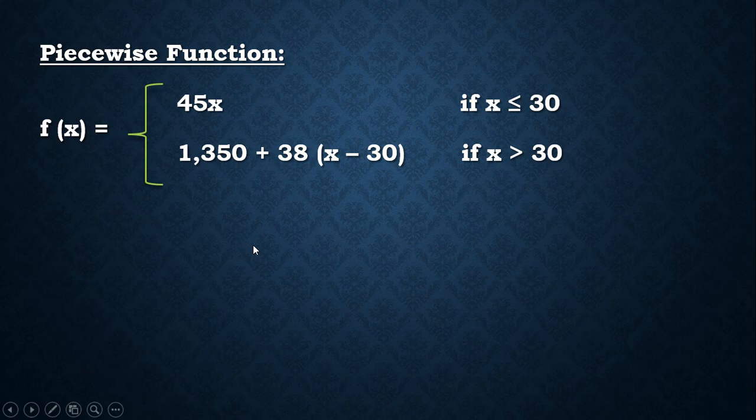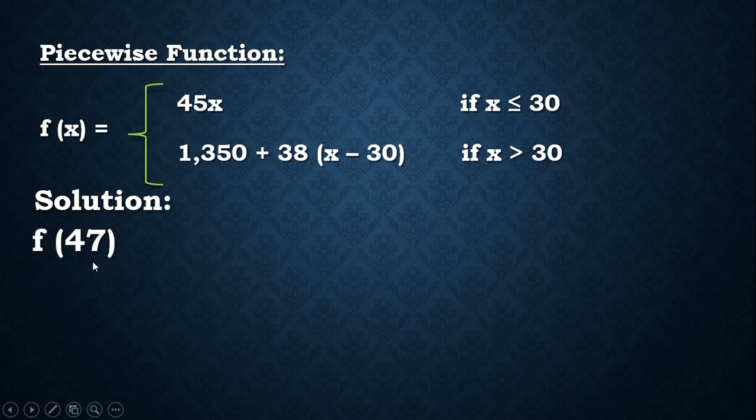Okay, let us solve. F of 47. It means that we have to find the value of X, or how much it costs if we buy 47 pieces of face shields. So, every face shield costs 45 pesos.